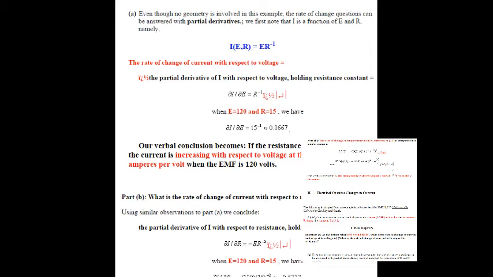Using a similar observation to part A, we conclude the partial derivative of I with respect to resistance, holding voltage constant, equals delta I divided by delta R equals minus E R to the power minus 2.